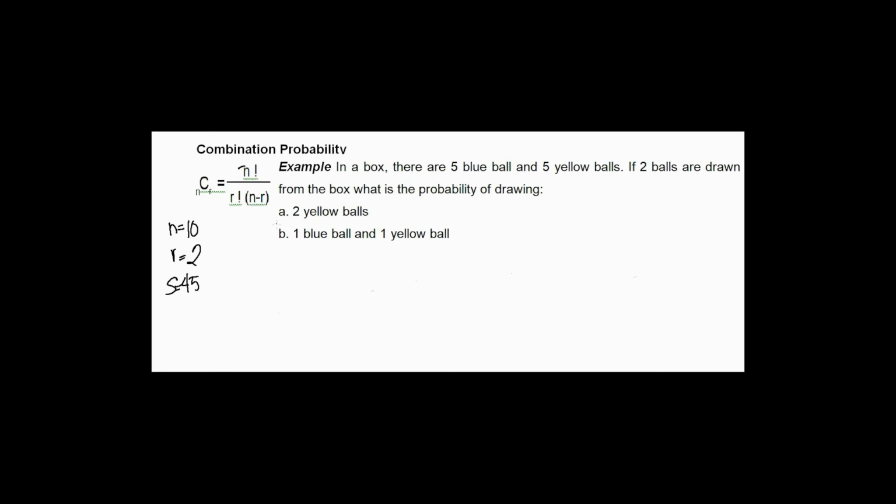Now we can go on and proceed to solving the number of A happening, which is 2 yellow balls. So N(A), let A be the event of drawing 2 yellow balls.